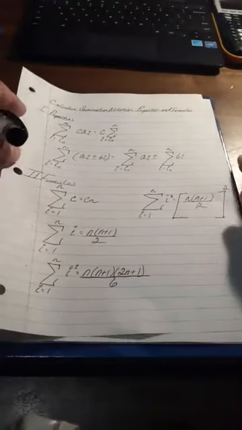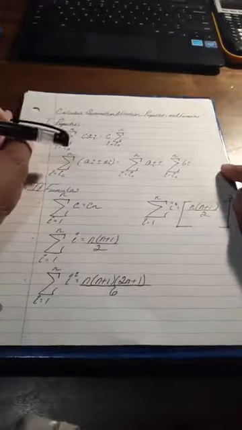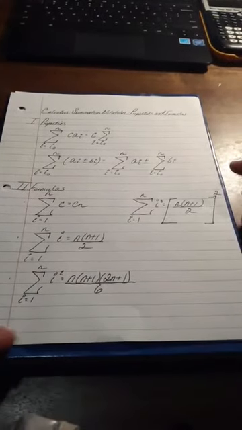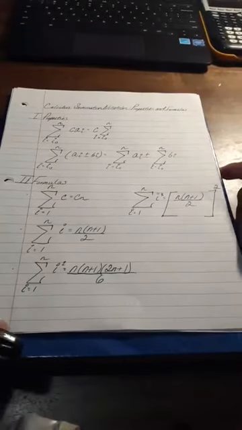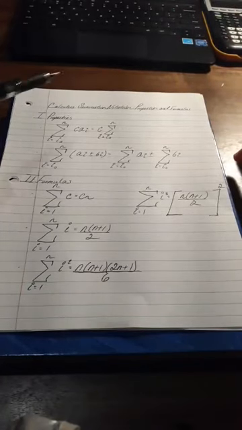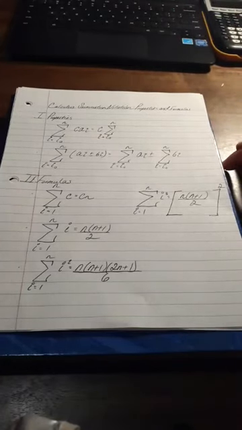This is relatively easy to do, but you do need to be familiar with the properties and formulas that come along with summation notation. You need to have these on hand, or have them memorized, but it's a relatively simple process. Remember, as with integrals, we can always factor out constants.